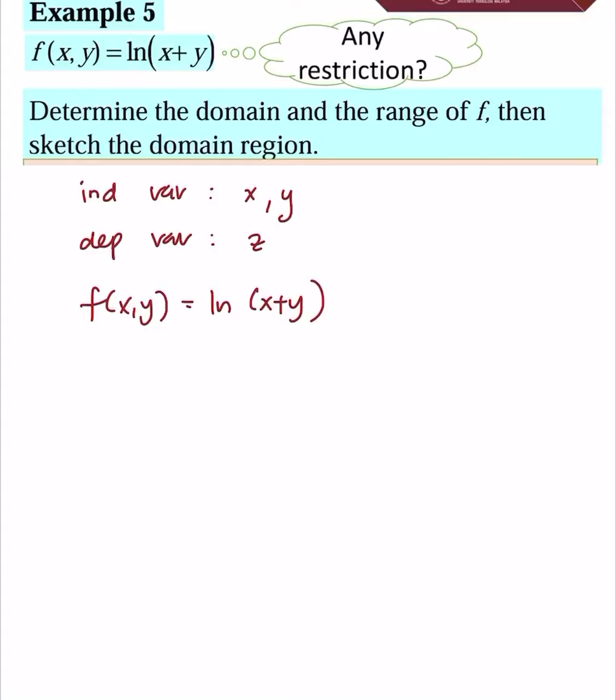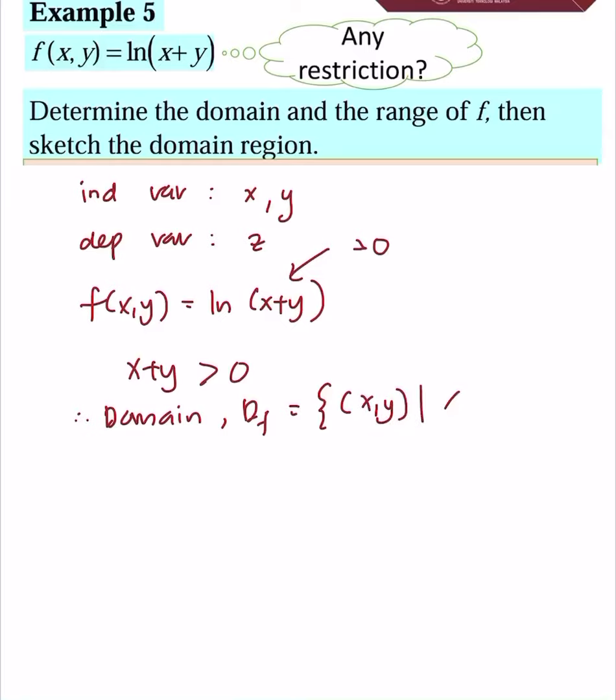For the ln, the value inside must be greater than 0; it cannot be negative. Therefore x plus y must be greater than 0. That will be our domain: the variables x and y such that x plus y is greater than 0.